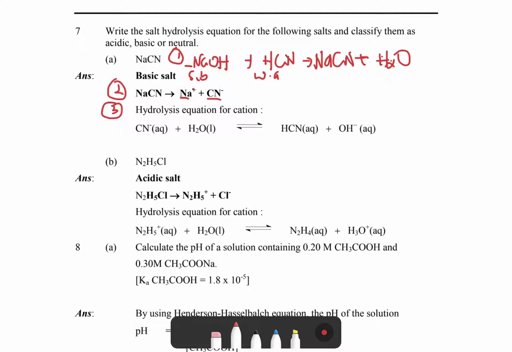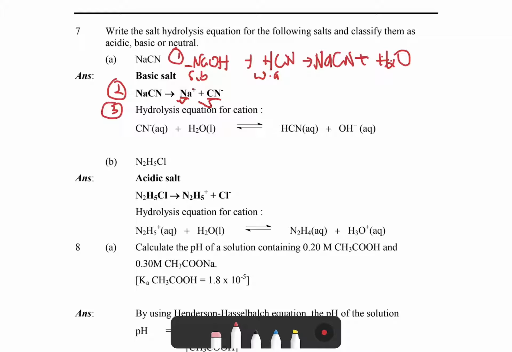So strong base produce weak conjugate acid. So ion ini adalah weak. CN negative dia comes from HCN, which is weak acid. So weak acid akan form strong conjugate base. So this ion is strong. Jadi CN negative dia strong. So itu yang terpilih untuk hydrolyze by water.